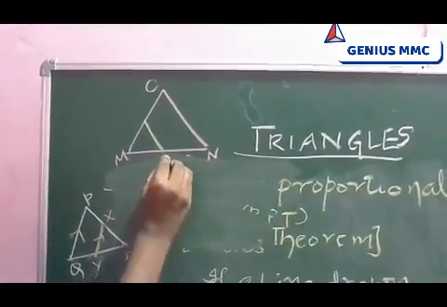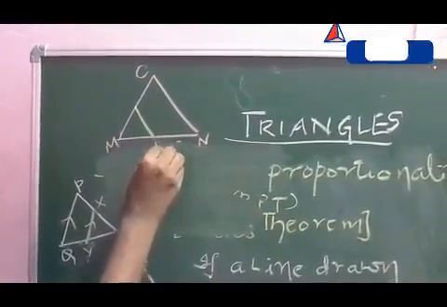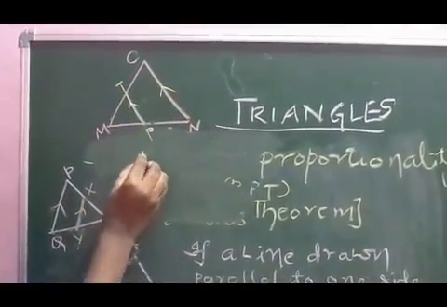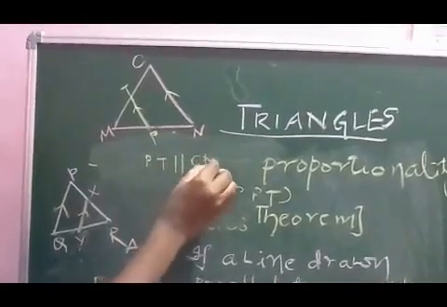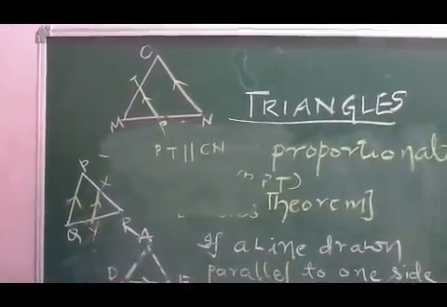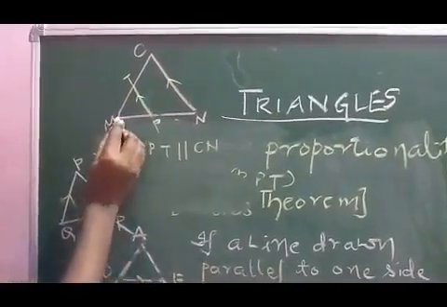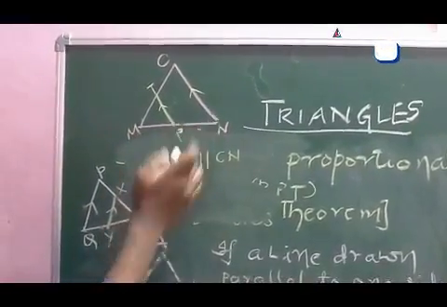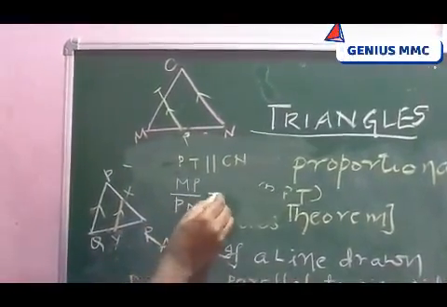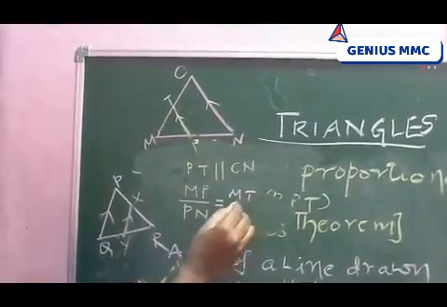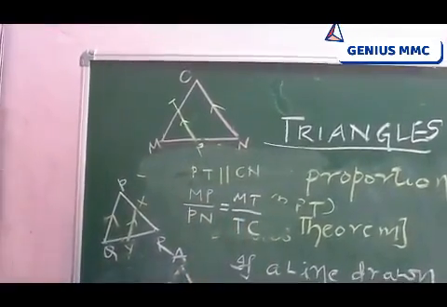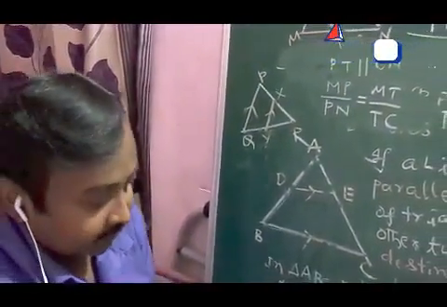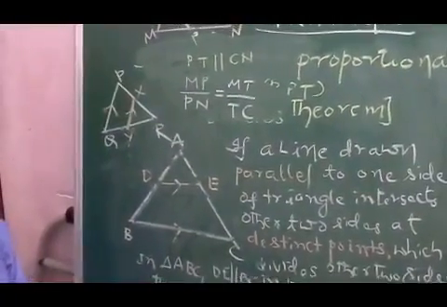Here BD is parallel to CE. How do we write it by BPT? AM by MP, what? PN is equal to MP by EC. So this is one example.